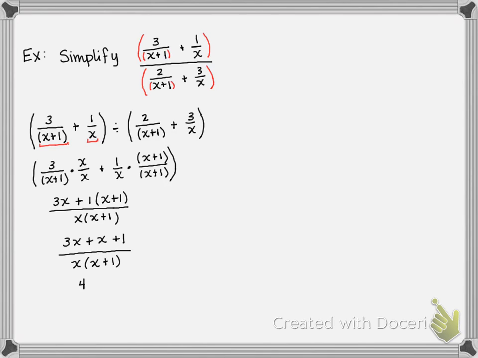Which gives me 4x plus 1 over x times x plus 1. And I'm going to immediately put this 4x plus 1 in parentheses so that I am not tempted to do anything illegal.